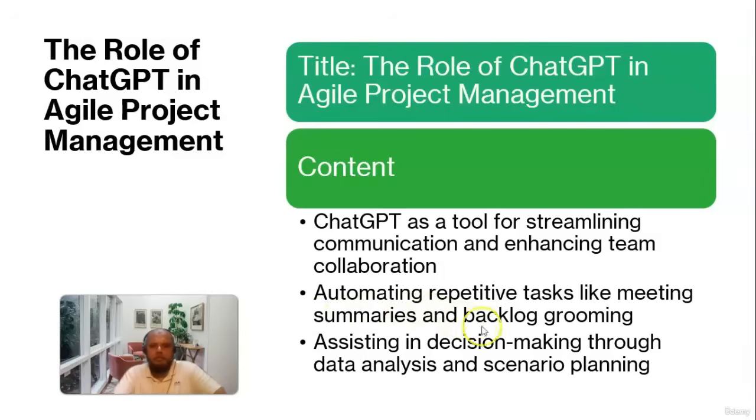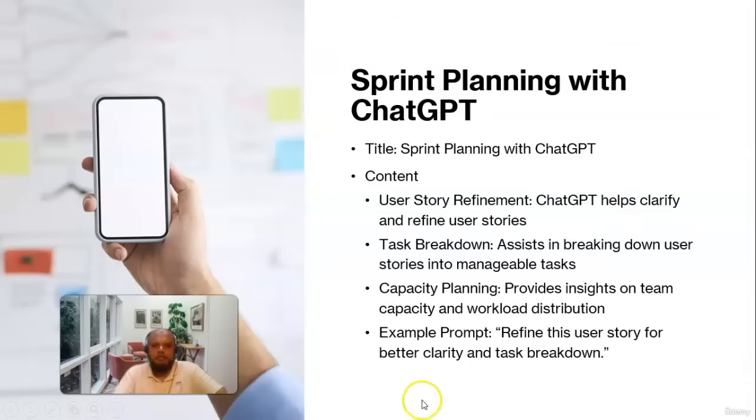improving overall efficiency. In sprint planning with ChatGPT, let's start with sprint planning, one of the most critical elements of Agile. ChatGPT can assist in several ways. The first is user story refinement: ChatGPT helps clarify and refine user stories, ensuring that they are well defined and actionable.